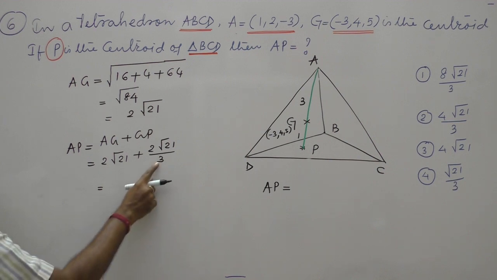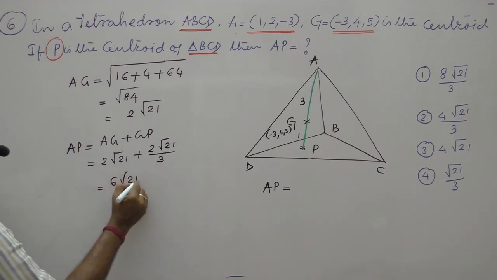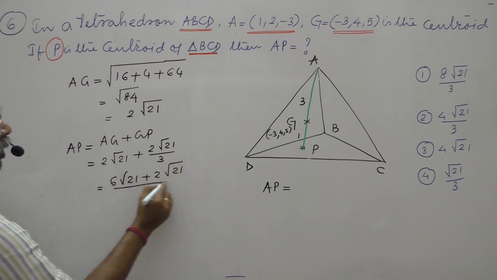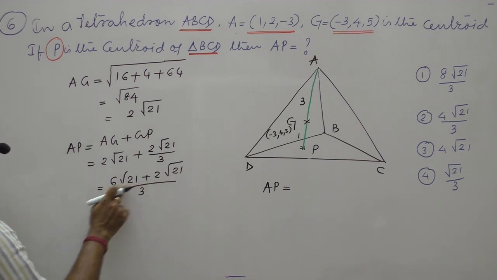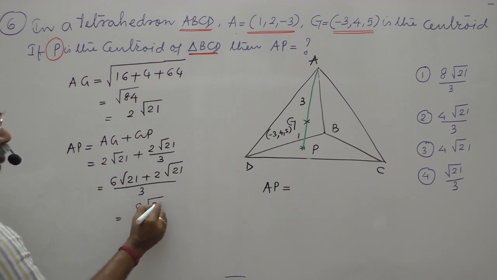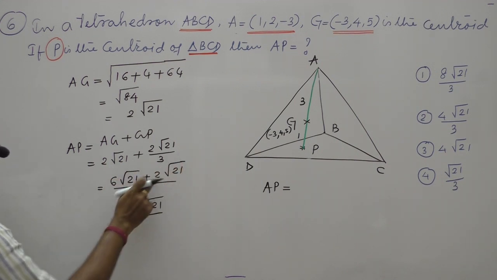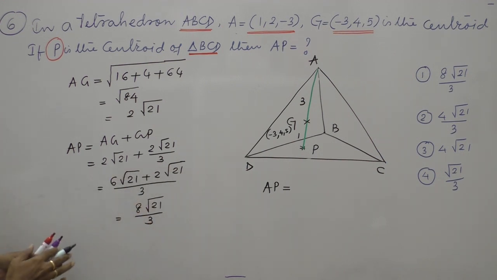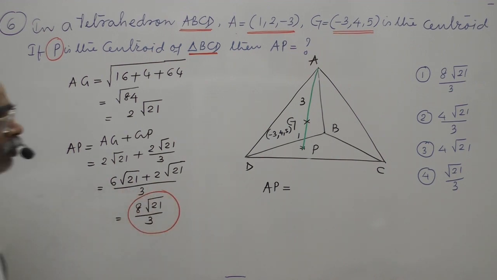If you take the LCM 3, 3 times 2 root 21 is 6 root 21, plus 2 root 21, divided by 3. These are like surds. 6 root 21 and 2 root 21 make 8 root 21. It is 8 root 21 by 3.